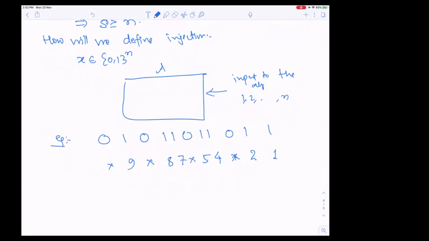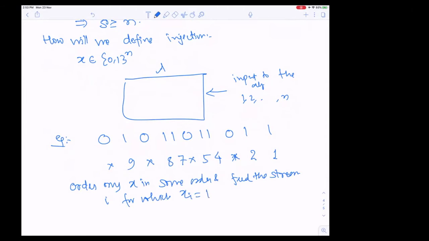So basically I'm going to order my x in some order and feed the stream of indices i for which x_i is equal to 1.